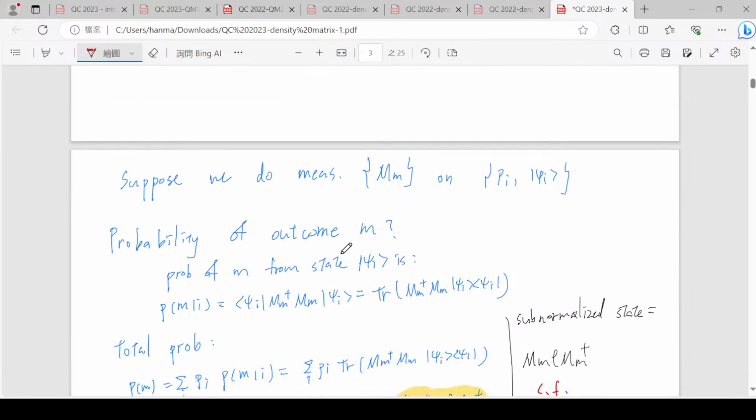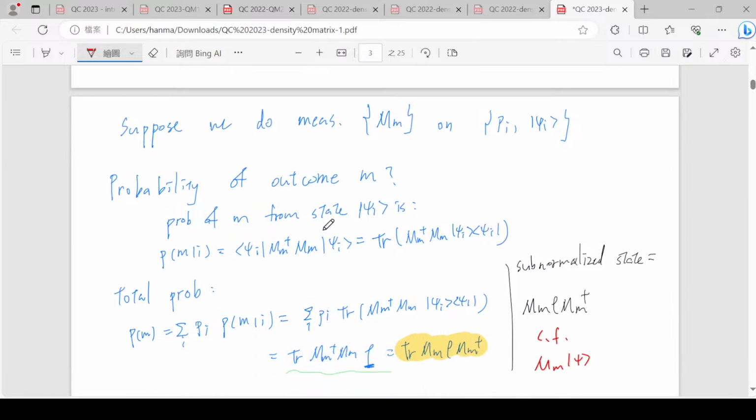The probability of seeing outcome m: you really need to consider the probability of each psi_i giving you outcome m. So that's the probability of getting outcome m conditioned on your input being psi_i, and as before, that's the norm squared of M_m on psi_i.